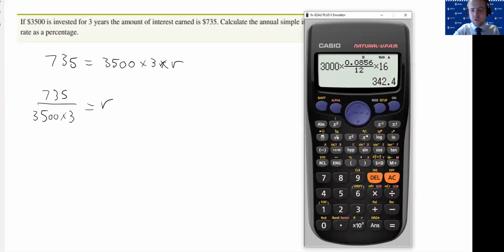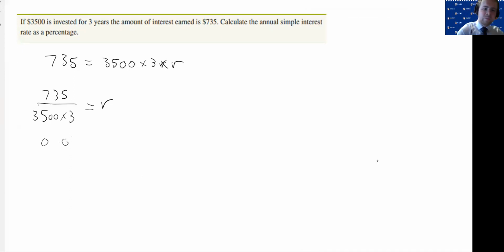Again, you've got to do the substitution, you've got to rearrange, and then you calculate. You don't get the calculator out before and try to skip steps because you will get in trouble. Okay, and then we get our decimal. And then it says to write it as a percentage as well. So times it by 100, you get 7%.